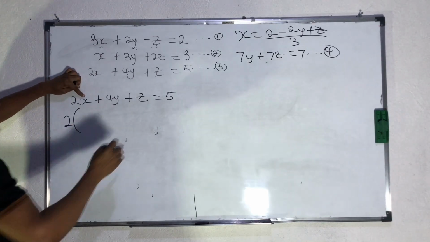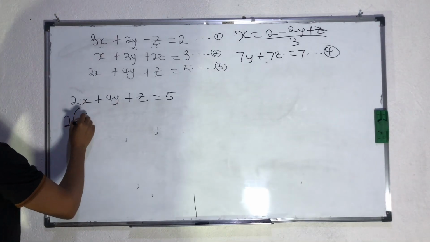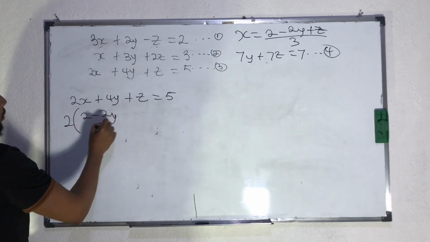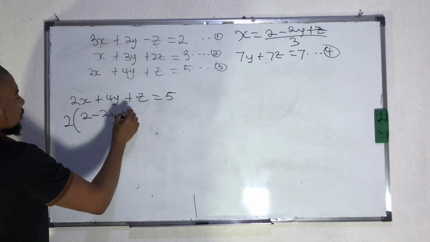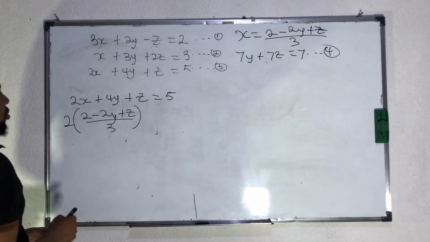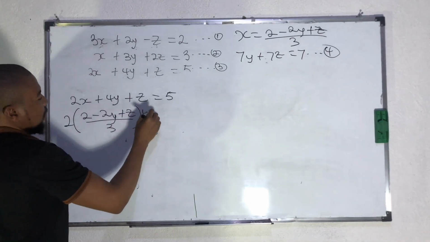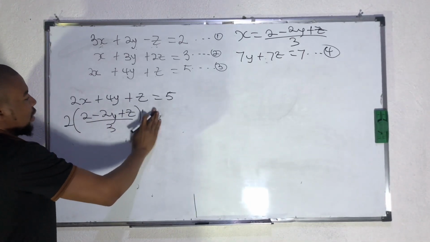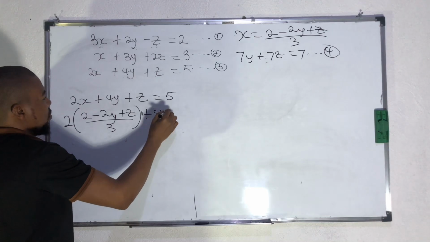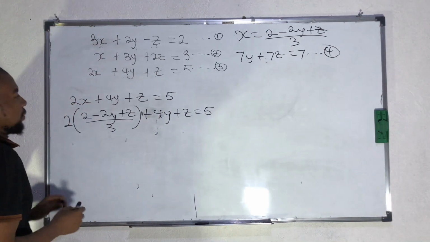Wherever we see x, we put everything here because x is equal to this. What do we have? 2 minus 2y plus z over 3. Okay, we have done our substitution. Now we have a 4y remaining, plus 4y plus z is equal to 5.